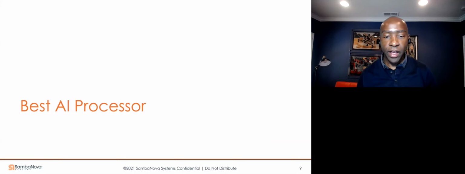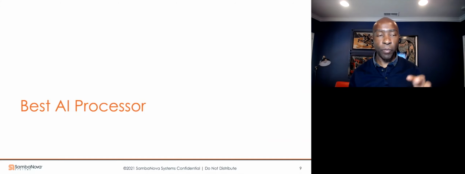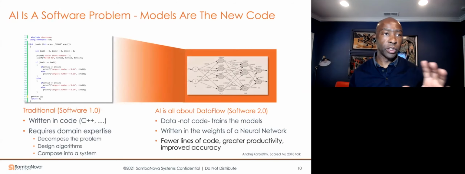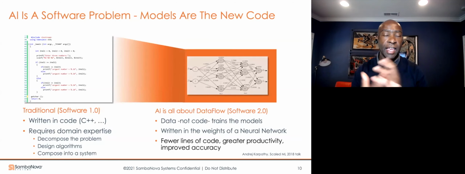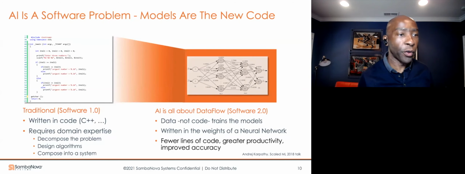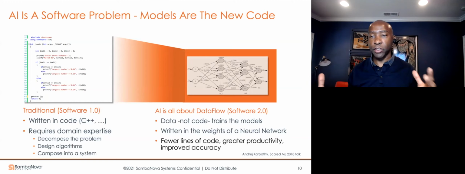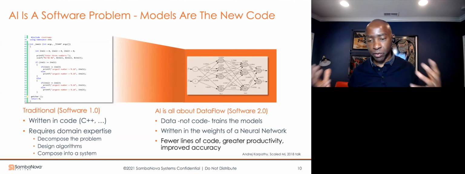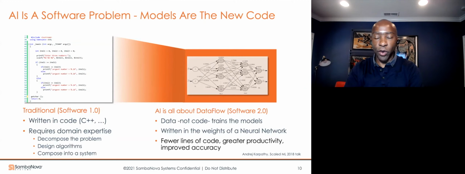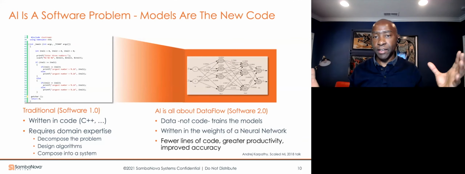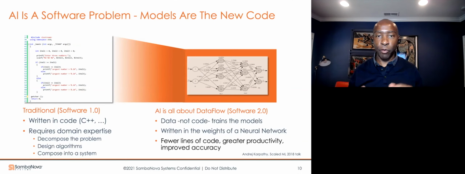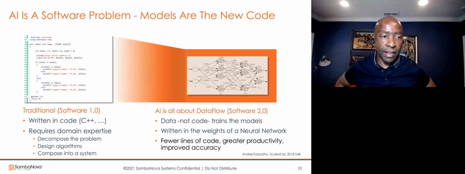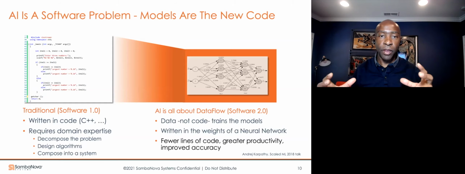So how do we think about developing that? So key to the notion of AI is that models are the new code, right? So if you think of traditional software development, which people have called software 1.0, it's written in high-level languages, C++ or Java and the like, and it requires humans to develop algorithms for different components of the system, right? And then to compose these together.